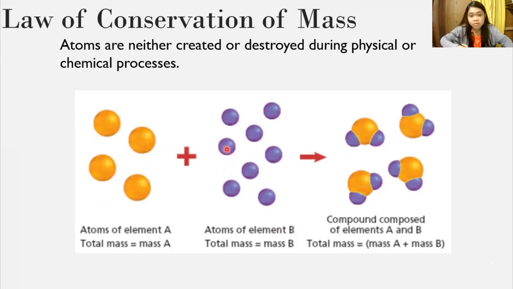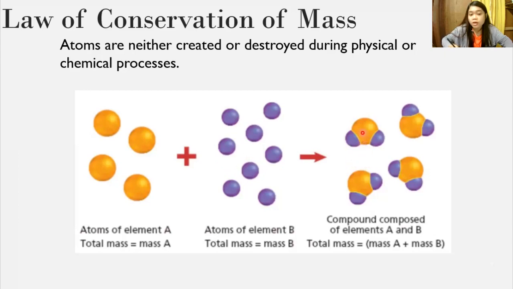And then it reacts now with the atoms of element B. So the total mass here also is the mass of B only, because you cannot see another element here aside from the element B. So they undergo a chemical process, then they form a compound.